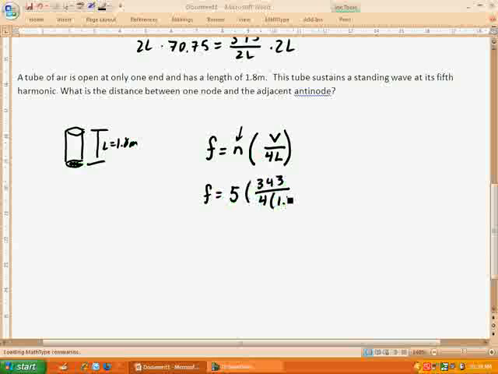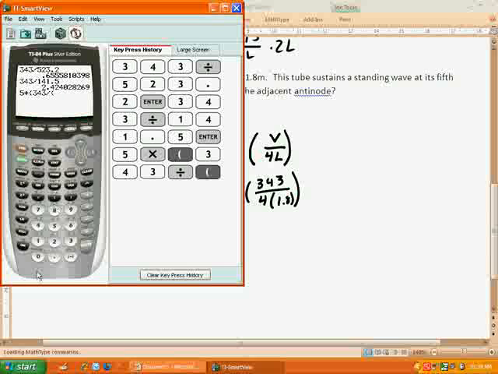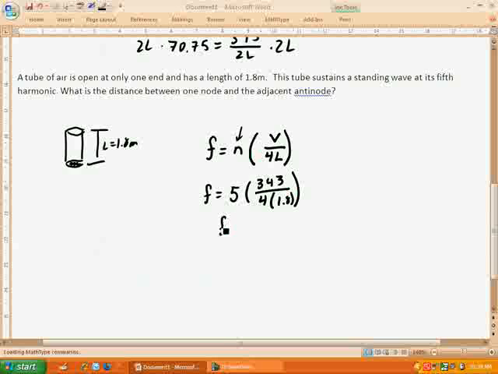So we can solve for the frequency. 5 times 343 divided by 4 times 1.8, and we get 238. So the frequency is 238 hertz.